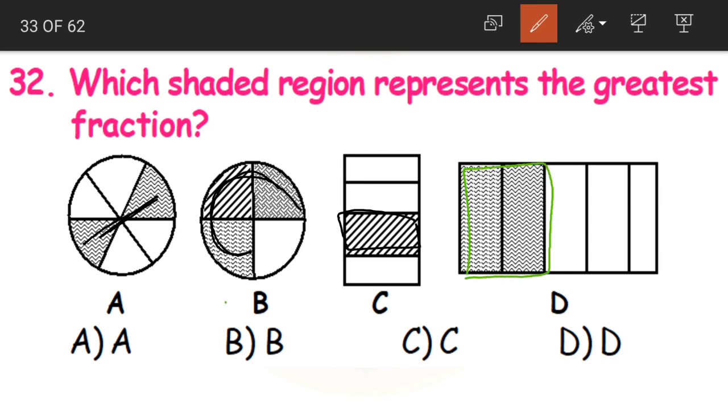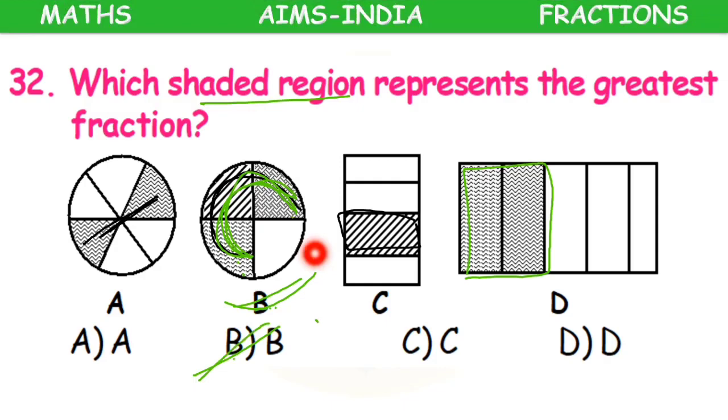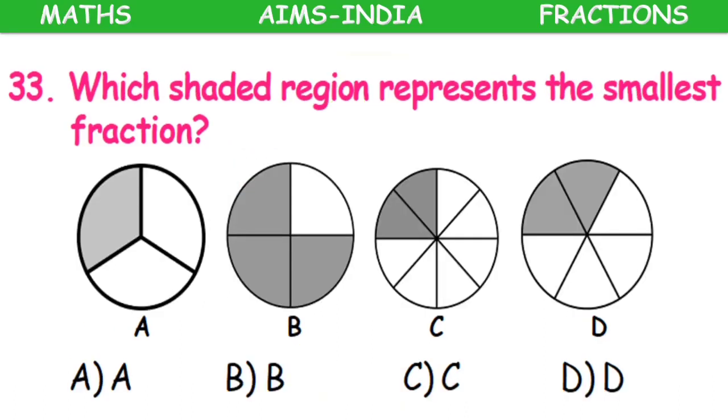Only by looking at it, what can you say? That option B, the shaded region of figure B, shows the greatest fraction. As it has the greatest shaded region, it shows us the greatest fraction. So option B becomes our correct answer. Understood children?